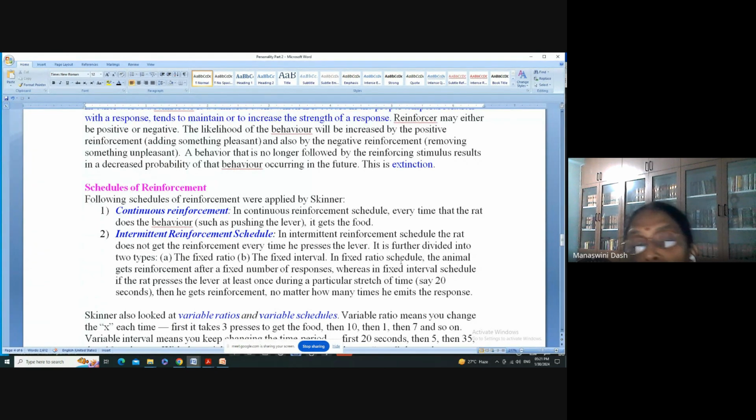What is intermittent reinforcement? In an intermittent reinforcement schedule, the rat doesn't get the reinforcement every time he presses the lever. It is further divided into two types, the fixed ratio and the fixed interval. In a fixed ratio schedule, the animal gets reinforcement after a fixed number of responses. It doesn't get a reinforcement each time it shows the response.